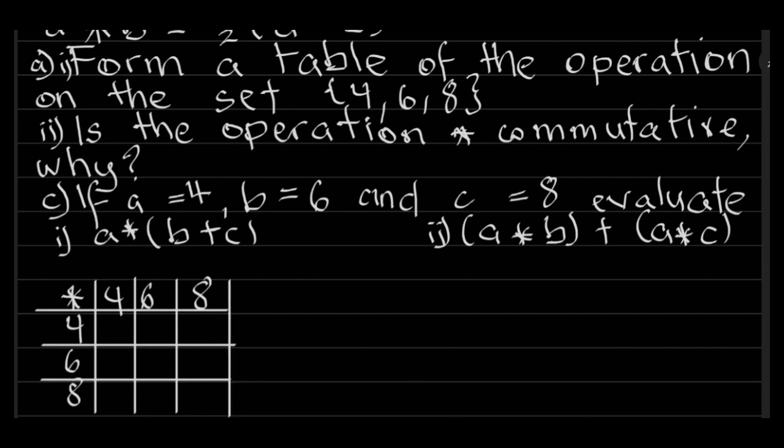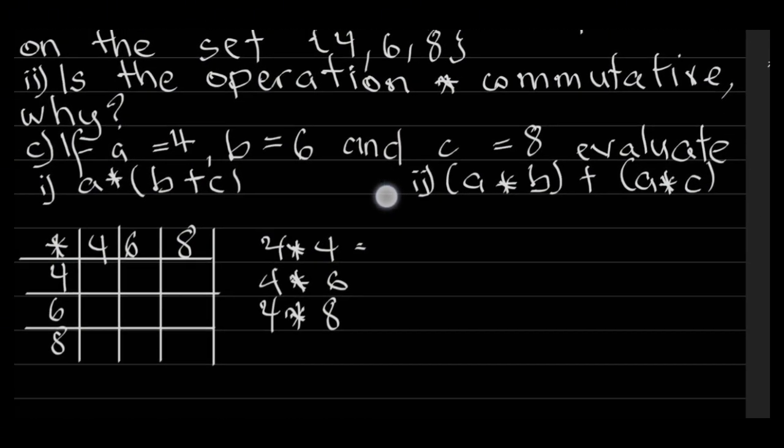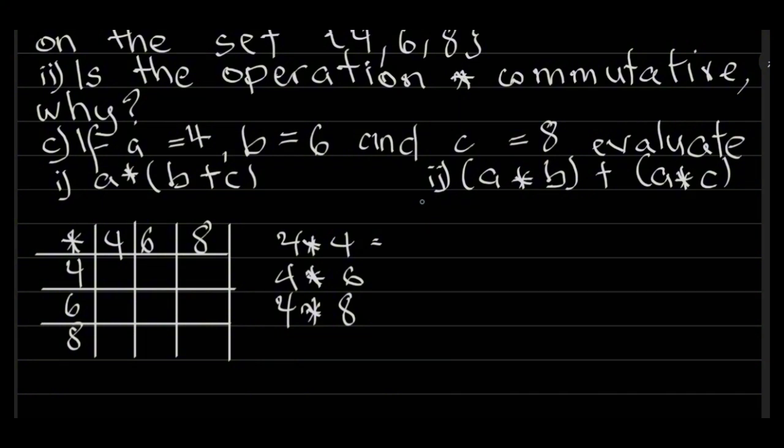Okay, so first we have 4 star 4, 4 star 6, 4 star 8, and the definition of the operation is half A minus B. So this is going to give us half of 4 minus 4, and that will give us 0, because 4 minus 4 is 0.